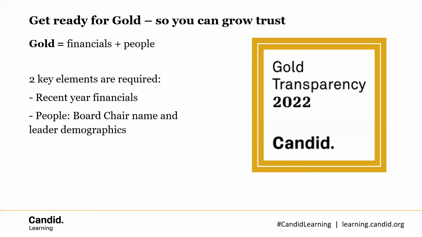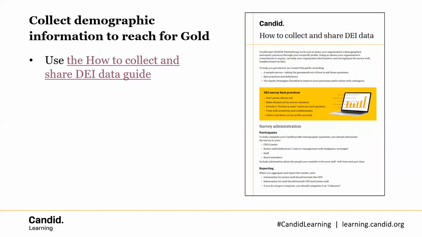There is also a decline to state option. And so Candid does provide a guide on how to collect and share DEI data. I'll go ahead and share that in a minute, but this guide really just provides all the context your leaders might need for providing this data.